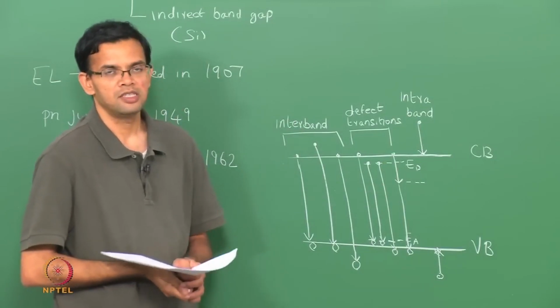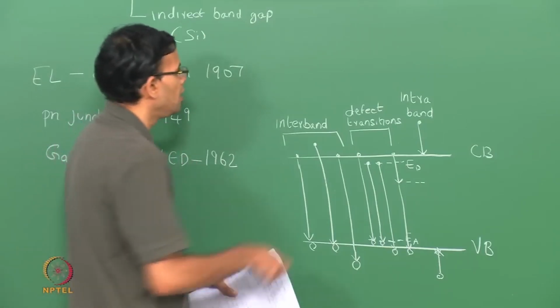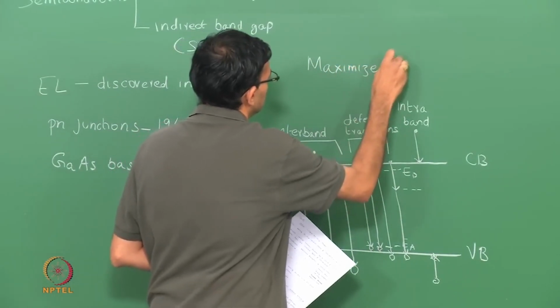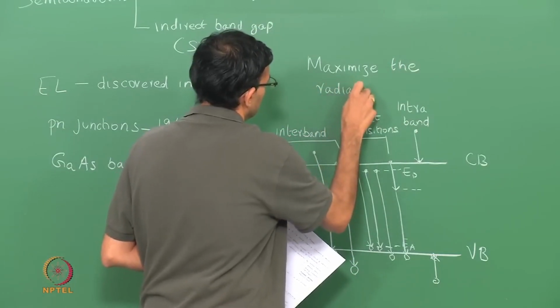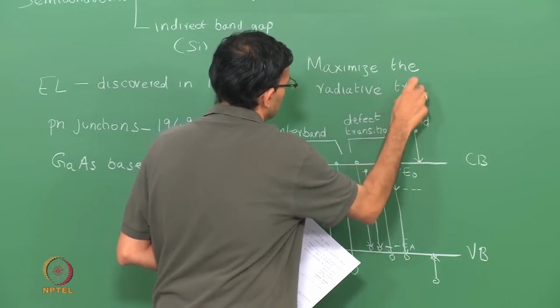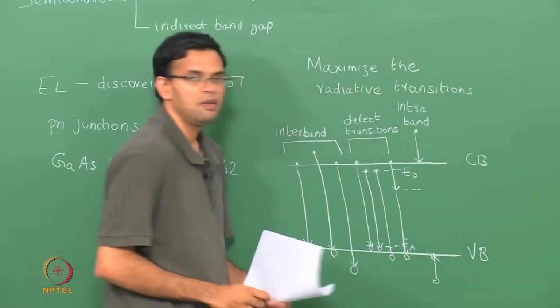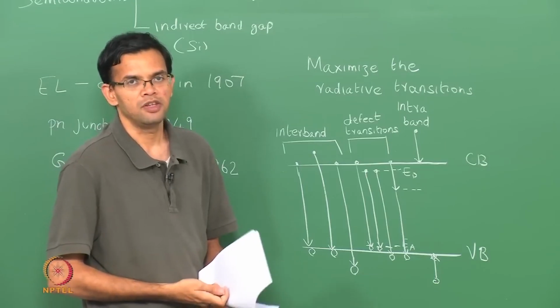Not all of these transitions are radiative, only some of them are radiative. It will depend upon the band gap of the material and also upon the characteristics of these defect states. In the case of LEDs, we want to maximize the radiative transitions and minimize any non-radiative components in order to increase the efficiency of the device.